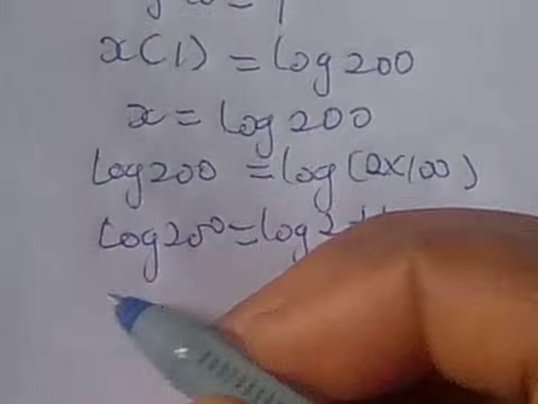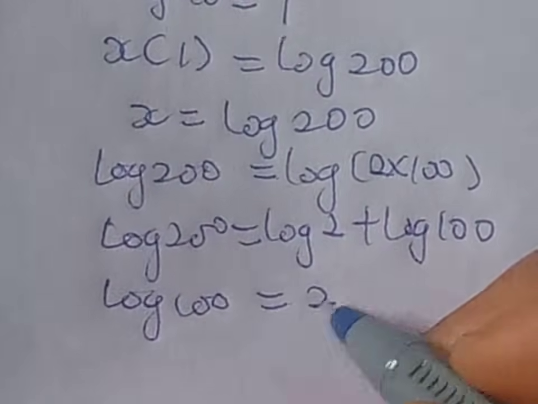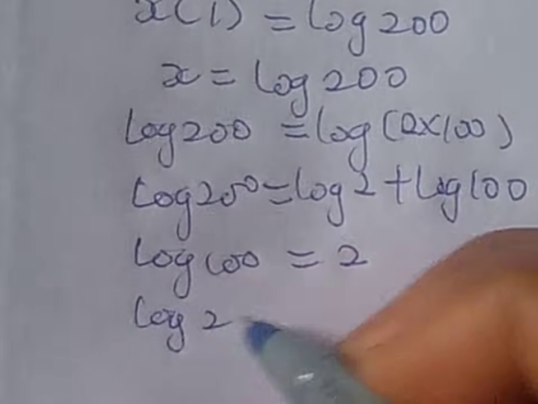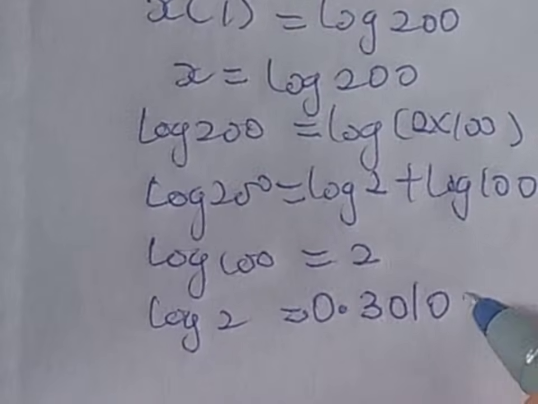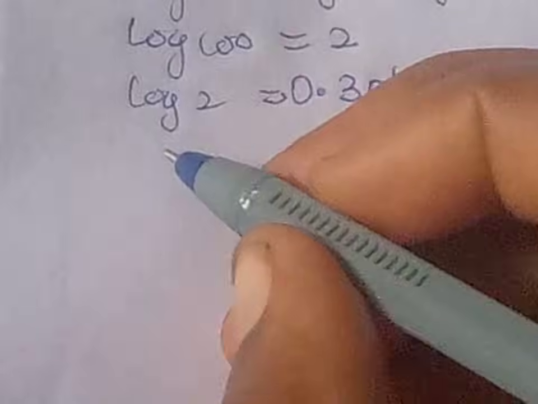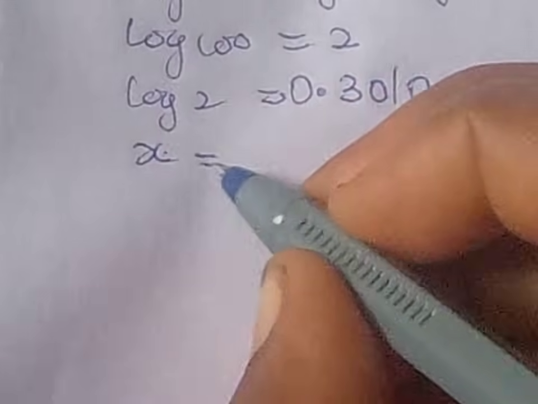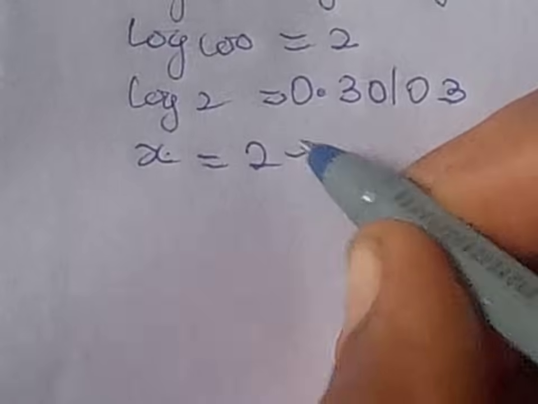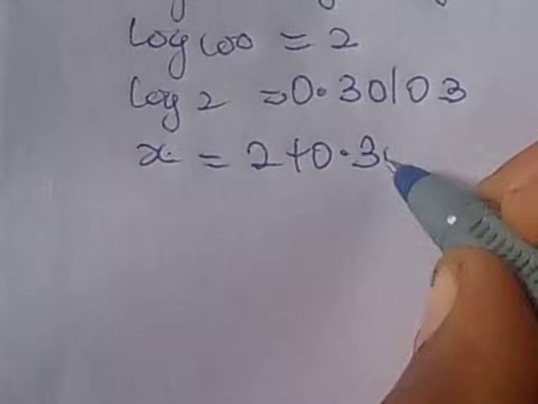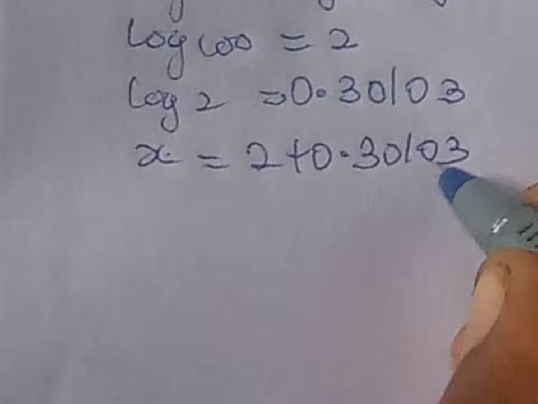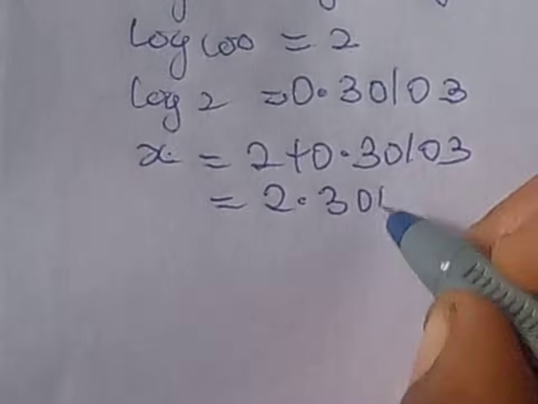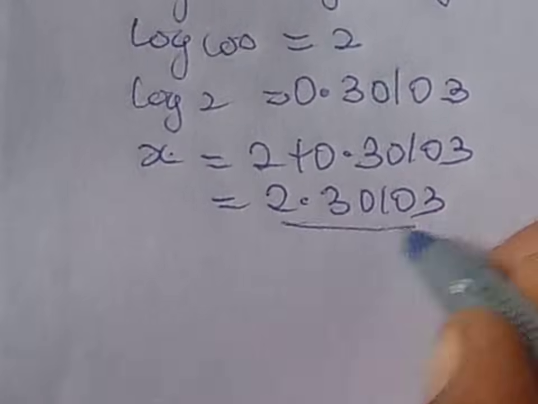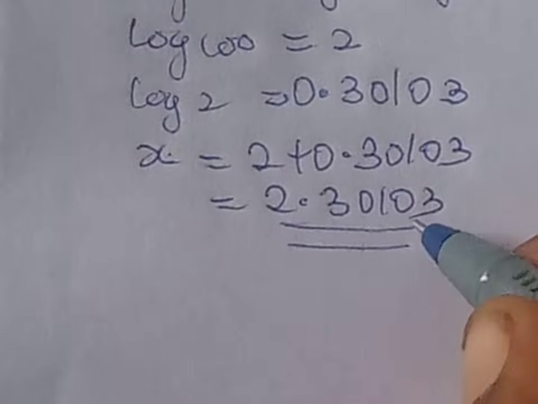We already know that log 100 equals 2 and log 2 equals 0.30103. Therefore, our x equals 2 plus 0.30103, which is equal to 2.30103. This is our x.